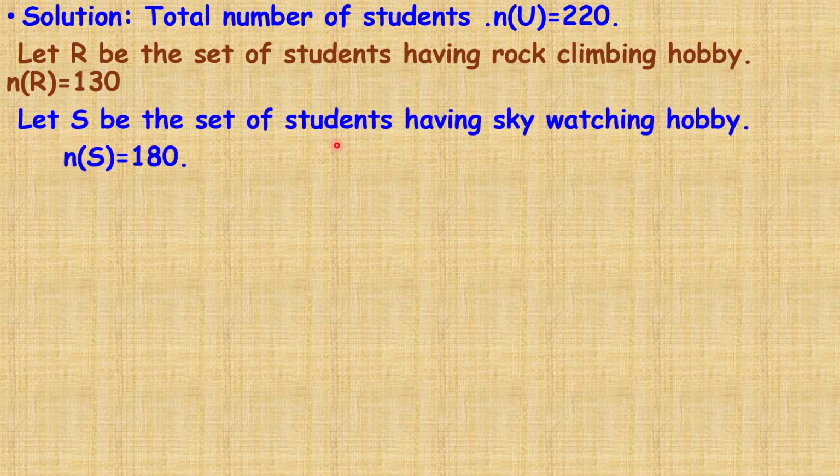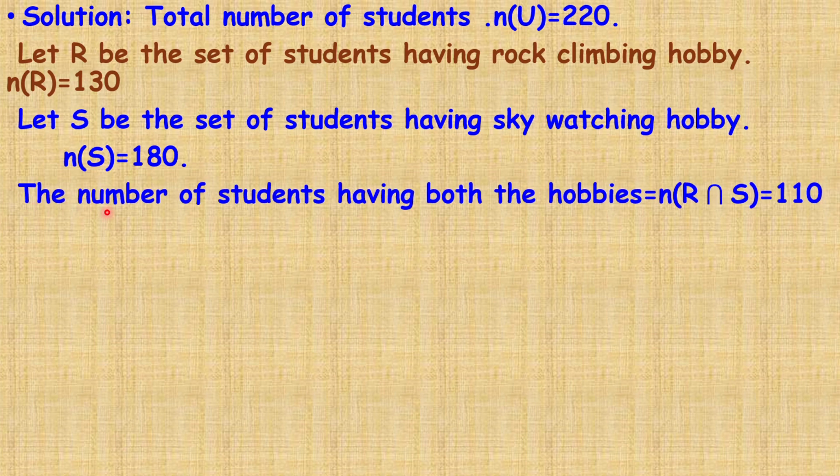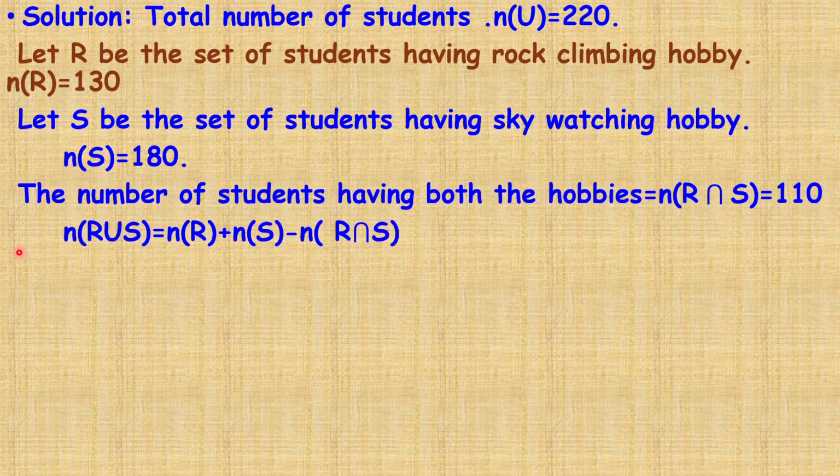Let S be the set of students having the sky watching hobby. Therefore, the number of elements in set S is equal to 180. The number of students having both hobbies, that is the number of elements in R intersection S, is equal to 110.